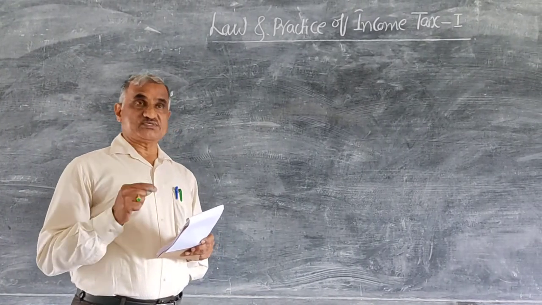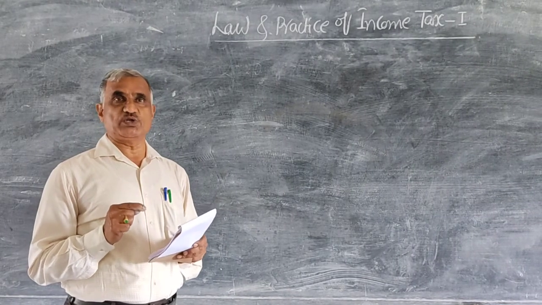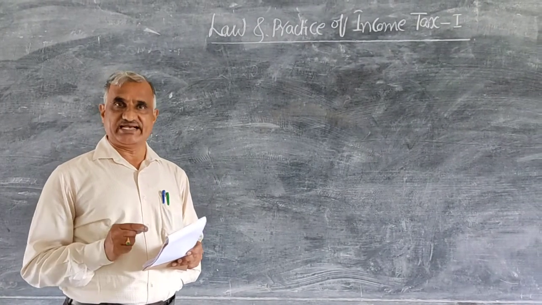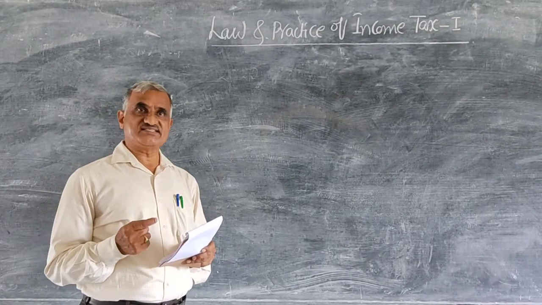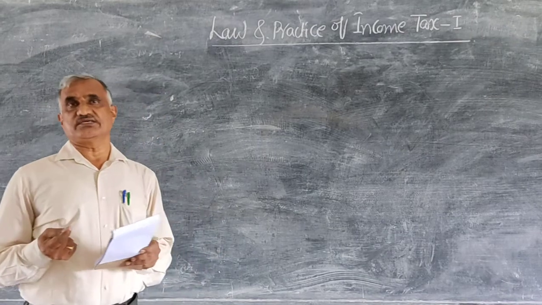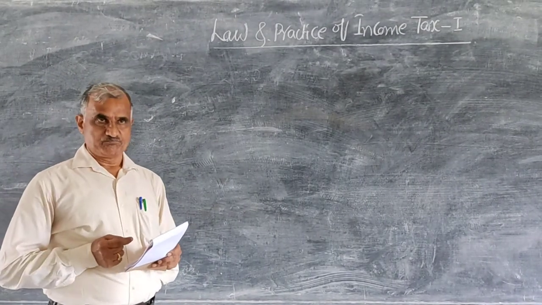By making use of the power given to CBDT under section 295 of the Indian Income Tax Act, CBDT has already framed hundreds of rules for the purpose of implementation of the Indian Income Tax Act 1961.